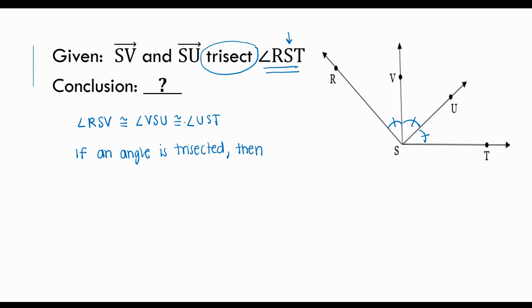Then, and now we have to justify what we concluded, then the angle is divided into 3 congruent angles. So there's our if-then sentence justifying what we were given in our conclusion because of it.